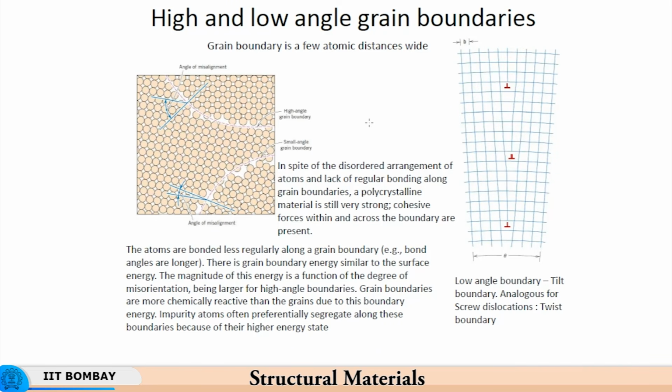Wherever there is a large amount of misorientation between the two lattice orientations, right, there you would call it a high angle grain boundary. The high angle grain boundaries are the ones which result in a lot of accumulation of defects.